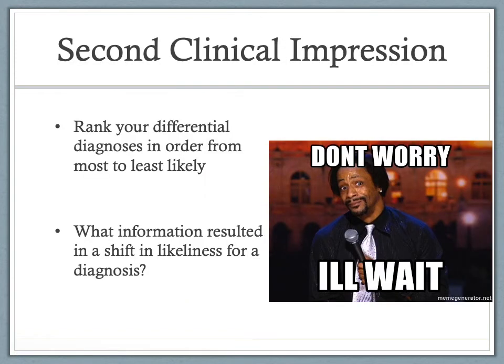Let's use another pause opportunity here to relook at our list. So going back to the clinical reasoning template, the 3 questions after the subjective interview. Now rank your top 5 clinical impressions from most to least likely. What has changed, if anything? And if anything changed, what information resulted in that shift of likeliness?